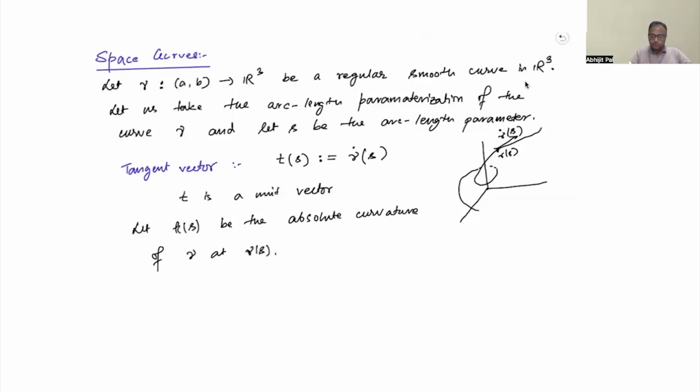So what is this ks? ks is equal to the norm of gamma double dot s.